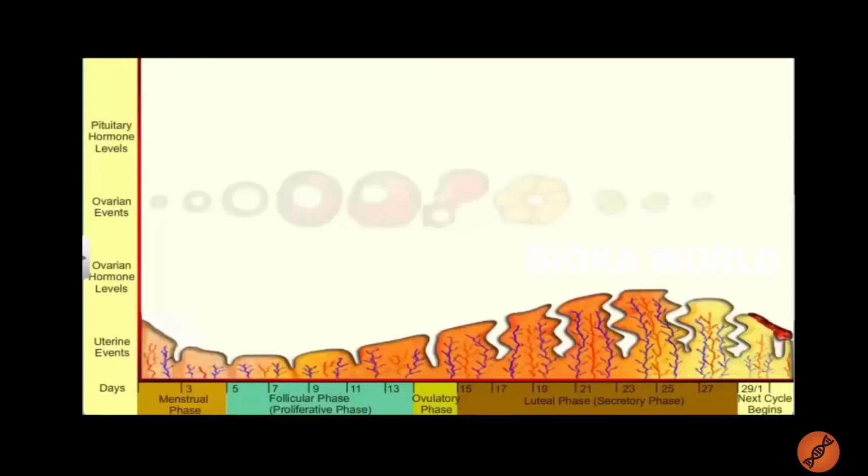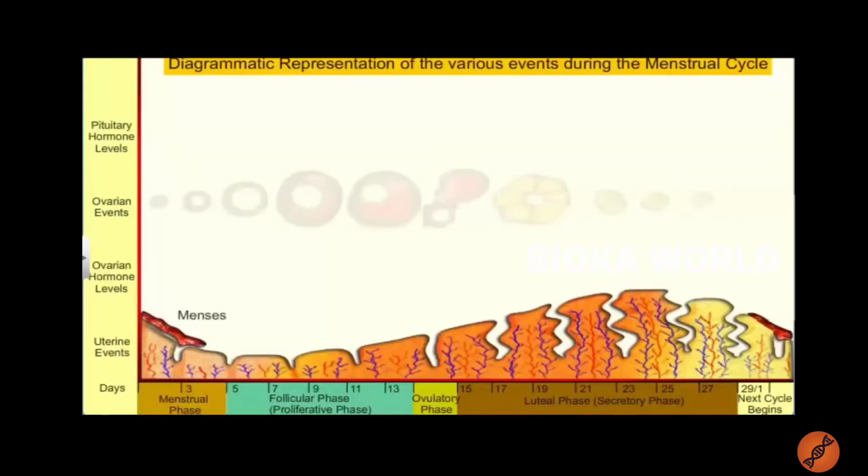At the onset of menses, the anterior pituitary gland increases the secretion of the two gonadotrophic hormones, luteinizing hormone or LH and follicle stimulating hormone or FSH, that stimulate the development of primary follicles.